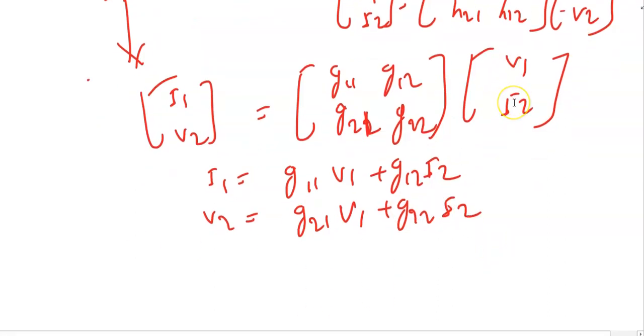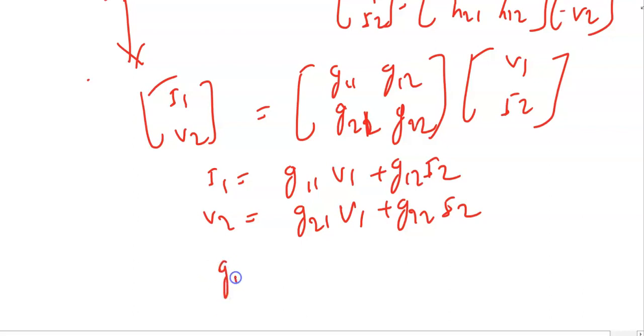In the H parameters, H11 was calculated by short circuiting the output, like V2. Similarly, G11 is calculated by open circuiting the output. So the output parameter is related to the input parameter in the inverse H parameter.